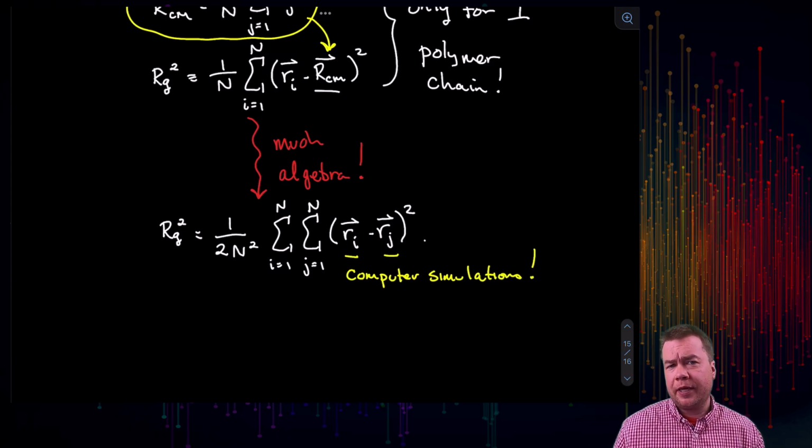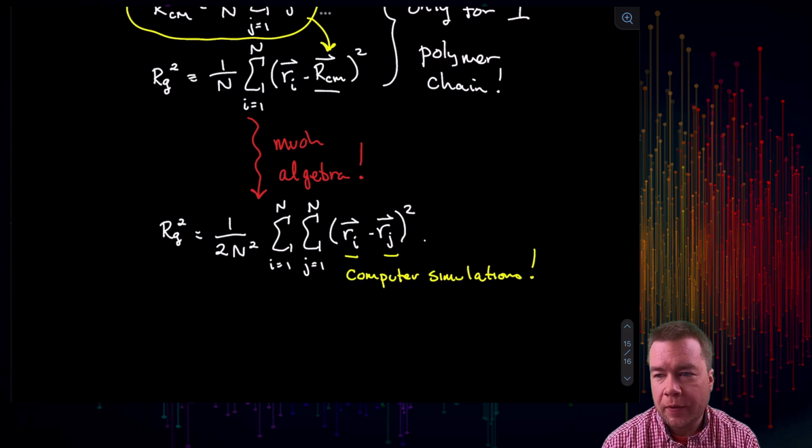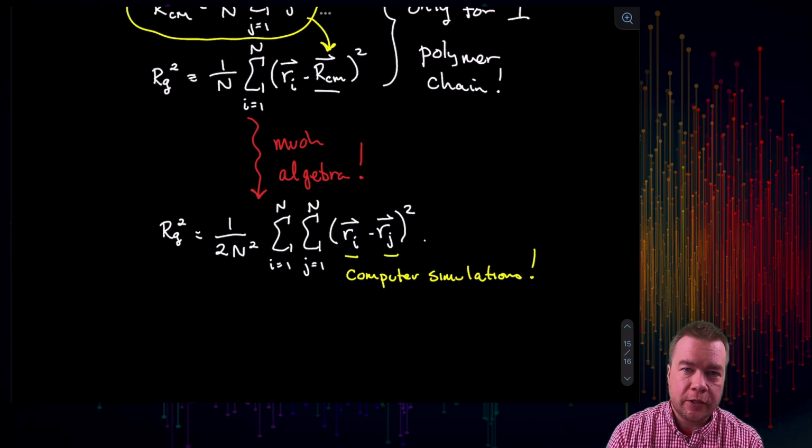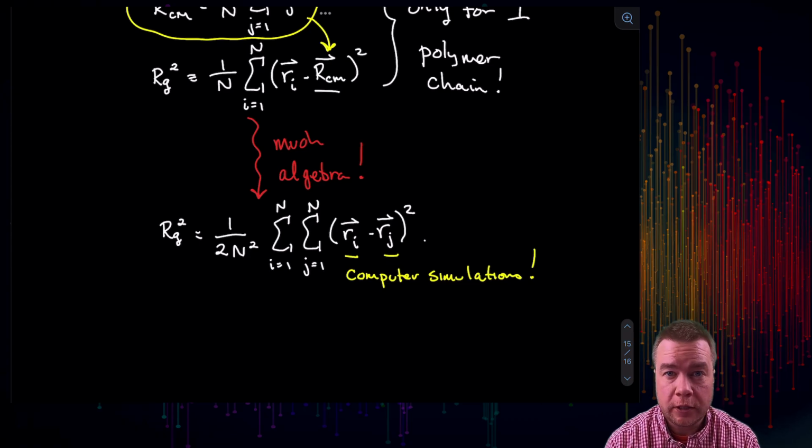If we're doing computer simulations, certainly we know where all those coordinates are. But in general, we don't know that. So this expression will allow us to calculate what we expect the radius of gyration to be. And if we wanted to actually measure it, we don't know experimentally where all those monomers are, and so there are other techniques that we use. We use lasers or X-rays or neutrons to do that.